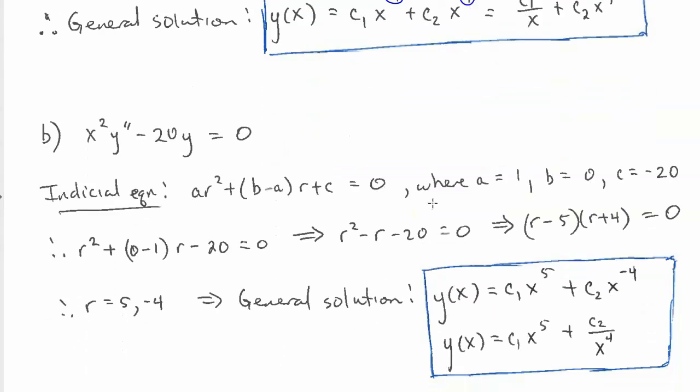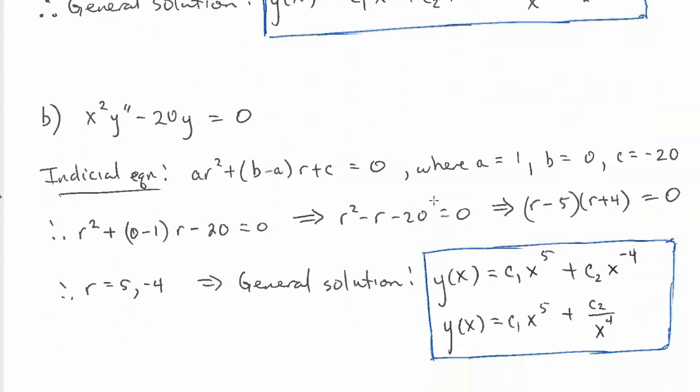So for the next example, kind of the same thing. Notice that this equation is a second order Euler-Cauchy, but there is a term missing here. So we have a plus 0x y prime term minus 20, and I'm going to write this as x raised to the 1, and this is 20x raised to the 0 y.